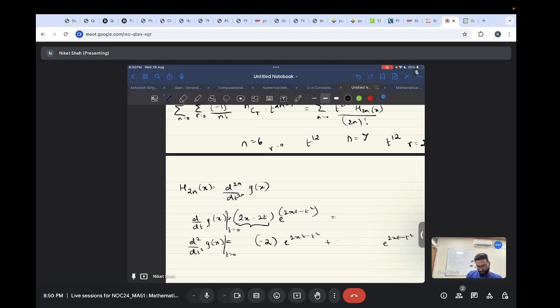What I end up getting is 2x minus 2t multiplied by the derivative again, which just squares this up, giving 2x minus 2t the whole square.